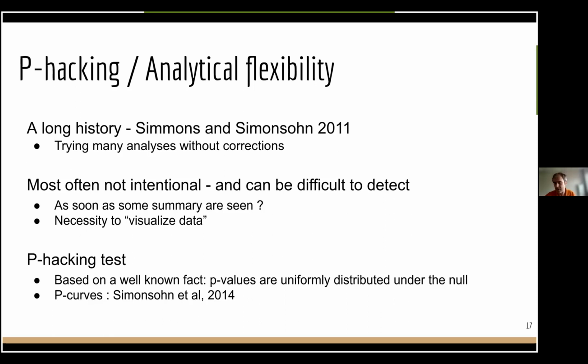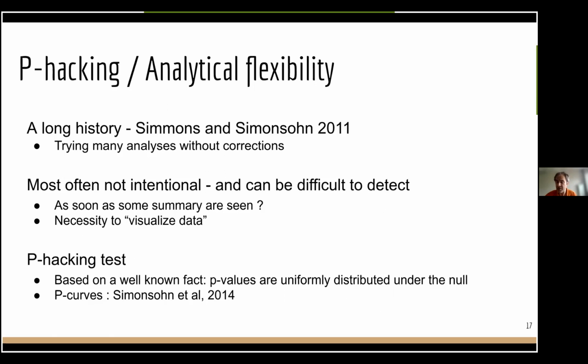So it's a problem of education, and as soon as you can, I would really recommend that you use pre-registration to avoid that nefarious effect of p-hacking, which is inflating the type 1 error risk, inflating the risk of false positives in your results.